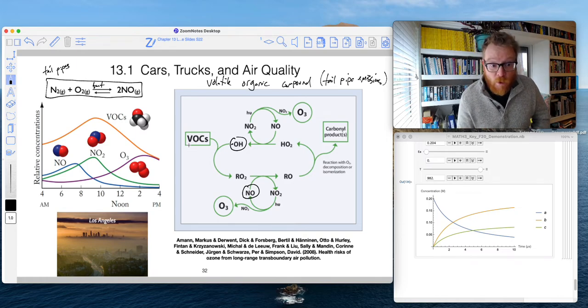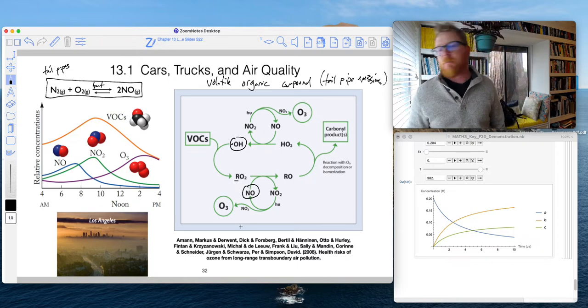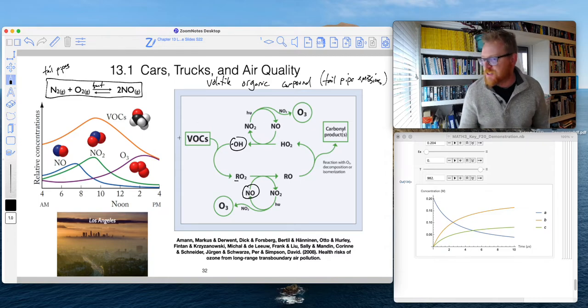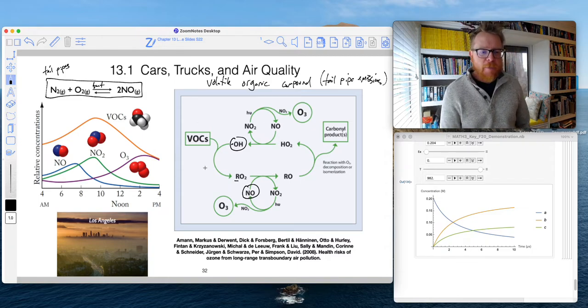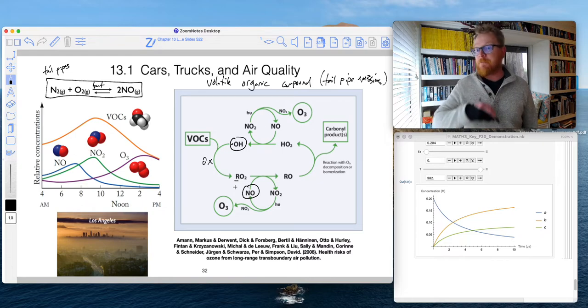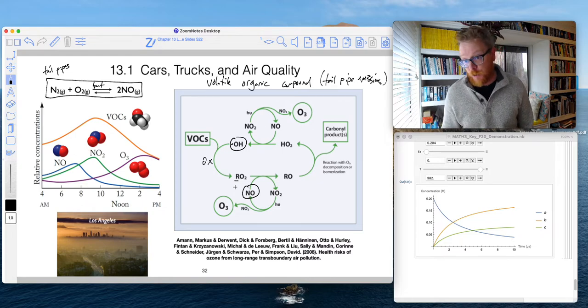So when the VOCs and the OH radicals combine, it forms this oxidized compound, RO2. So the R is just an abbreviation for the molecular structure of the VOC to begin with. And without getting into too much detail, basically this is oxidation chemistry.